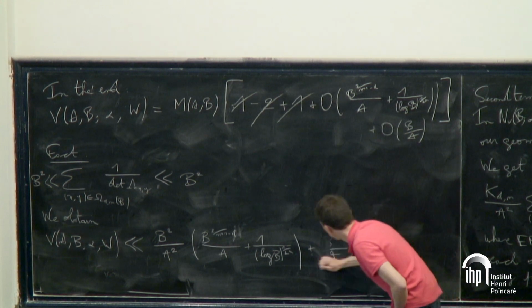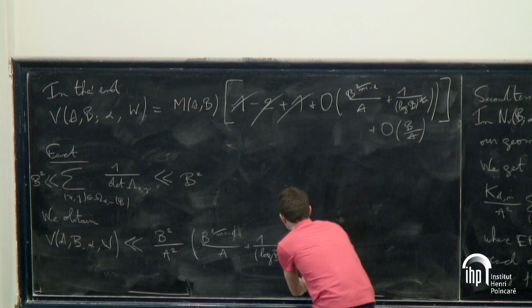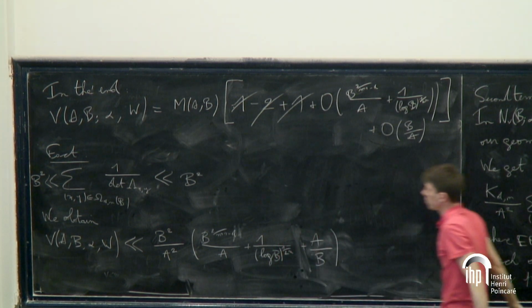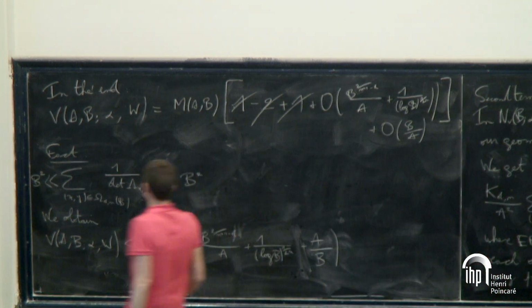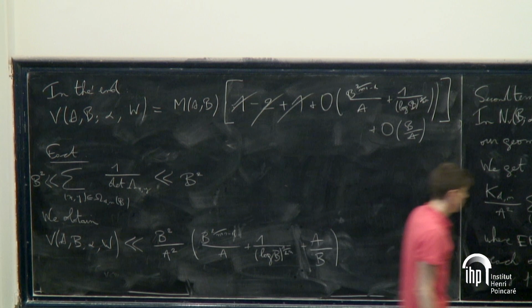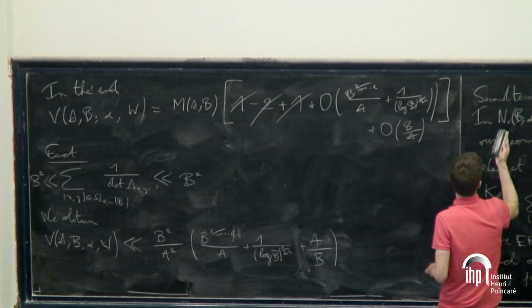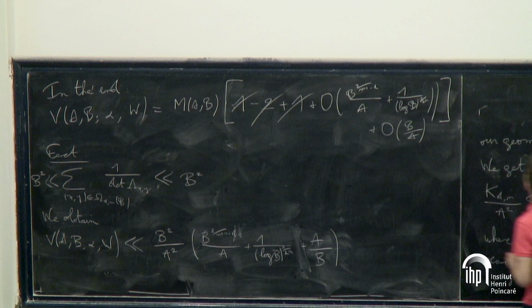So if I factor b squared over a squared, I get a over b. Okay, so thanks for being so patient. We're almost there. So now we can finally state a completely explicit version of proposition 1.